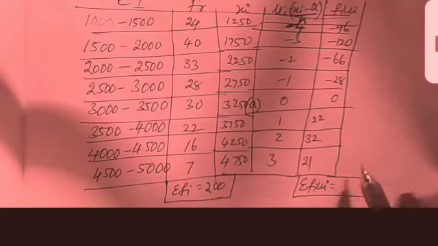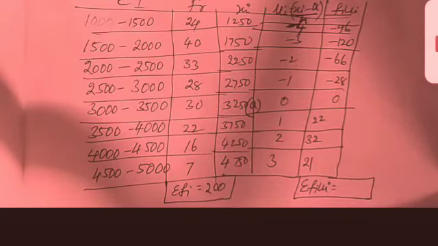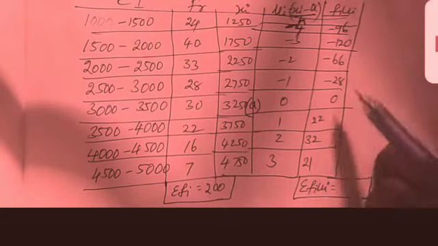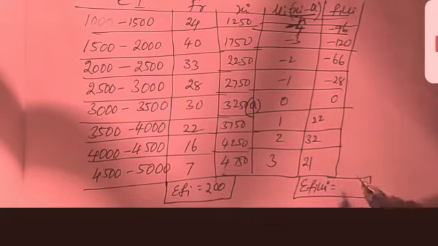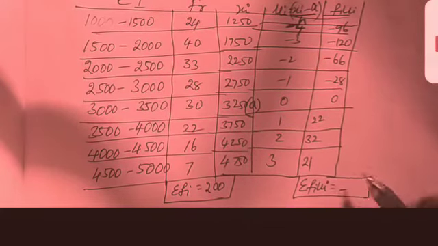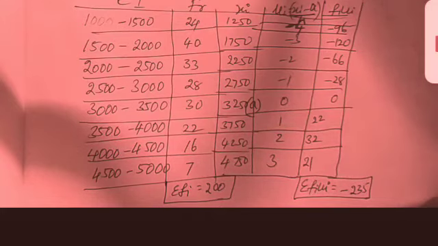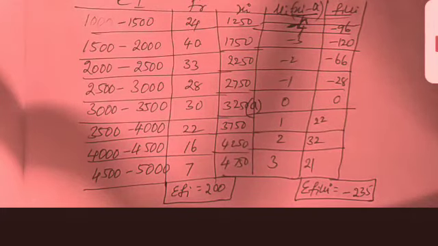Now I write sigma Fi ui, the sum of Fi ui. Adding the negative and positive values and simplifying, I get minus 235.